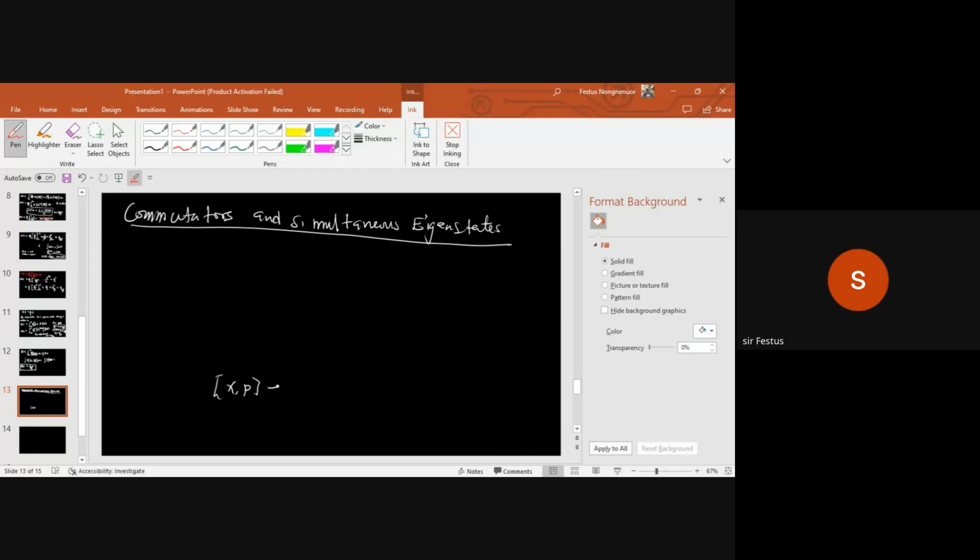If this one minus p comma x is 0, then we are saying that these two operators commute. So this is an operator, this is an operator. When you get 0, it means that they are commuting. But when you do it this way and you get any expression apart from 0, it means that they don't commute.